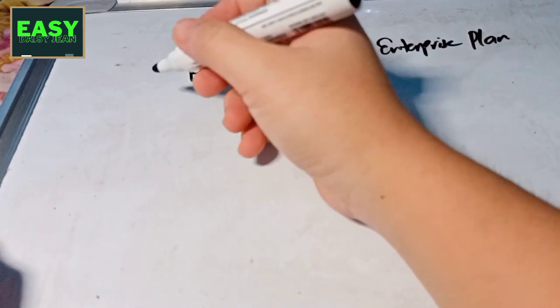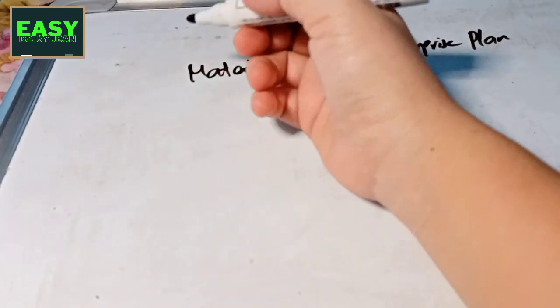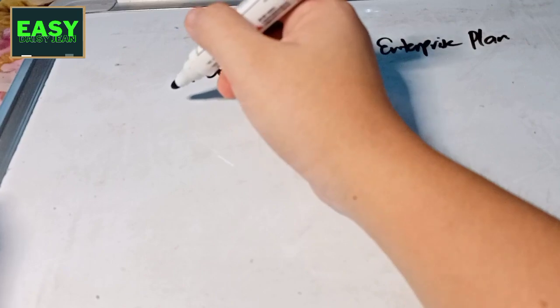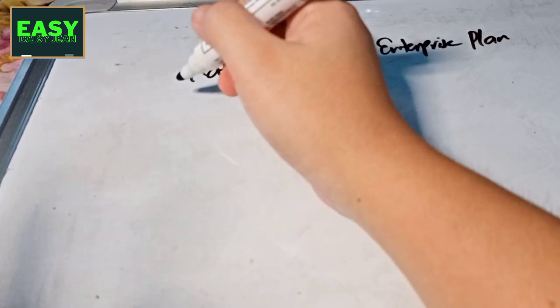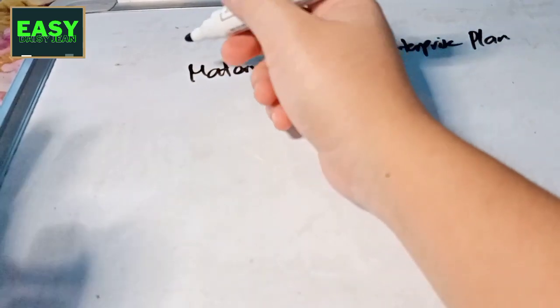This is an example of a social enterprise of one of my students. They are planning to create a product in their social enterprise plan, a chair out of a tire, kanang ligid ba.